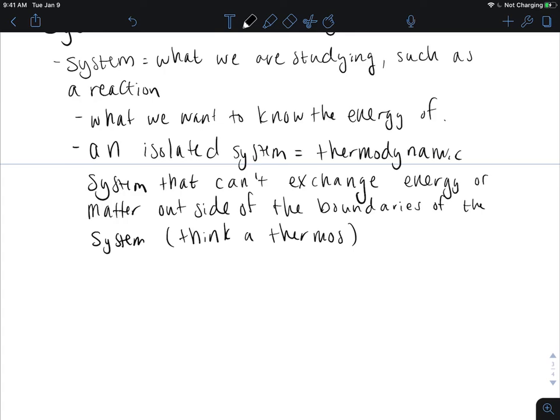Okay, now our surroundings. Surroundings are going to be everything else besides the system. Almost always we're going to be thinking about the surroundings in terms of things that can actually transfer heat and matter with the system.